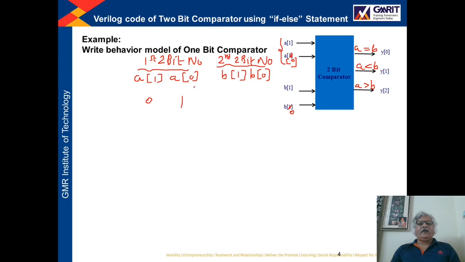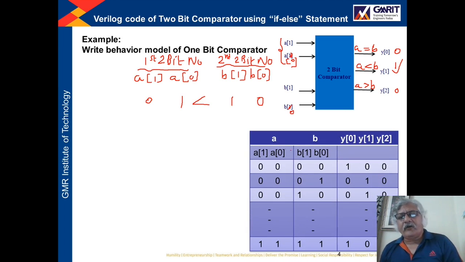A1 is 0 and A0 is 1, and the second number is 1, 0, right? So B1 is 1, B0 is 0. So these two numbers will be compared. In this case, A is less than B. So Y1 will be high, and Y0 is 0 and Y2 is 0.